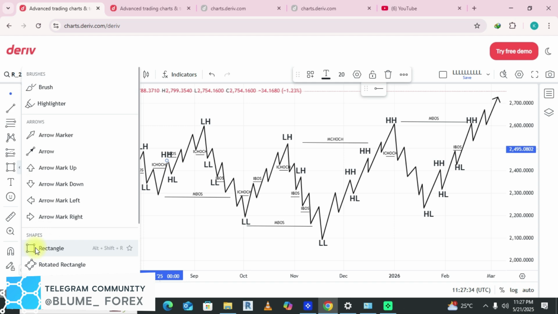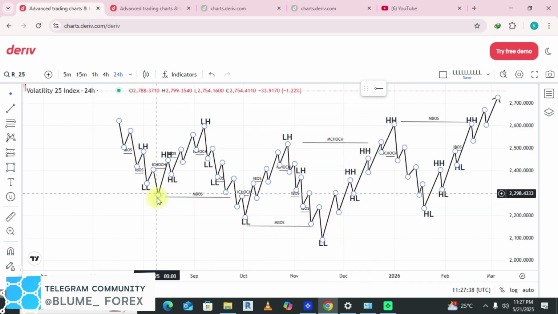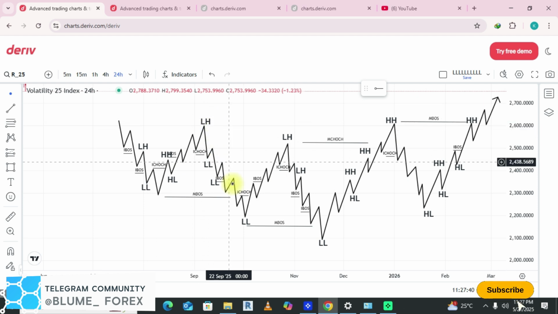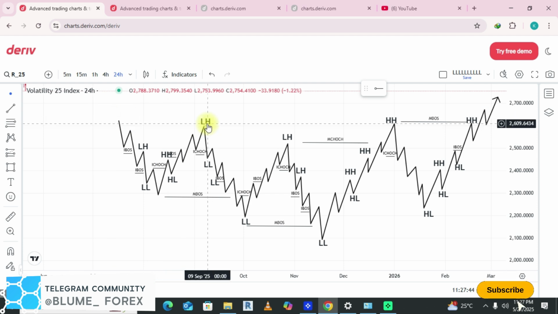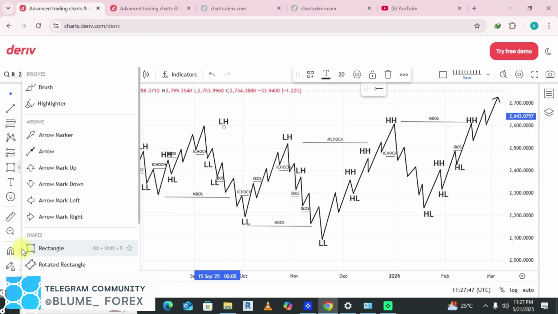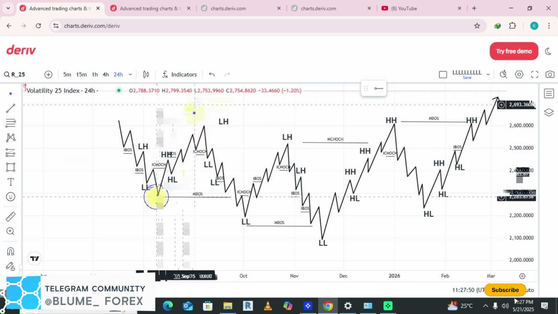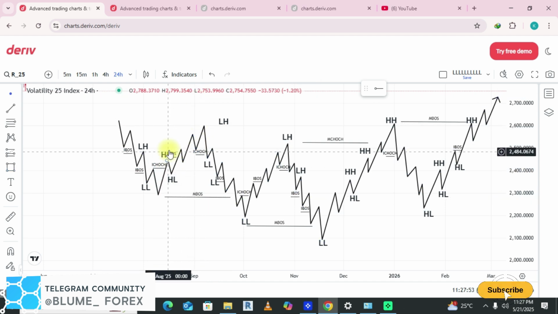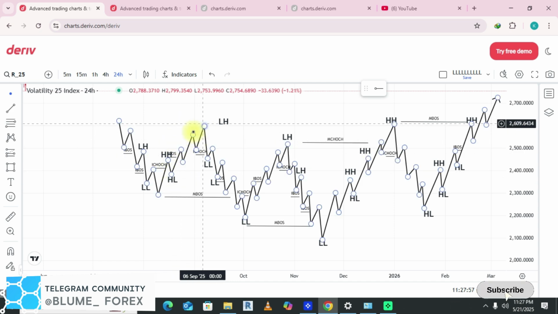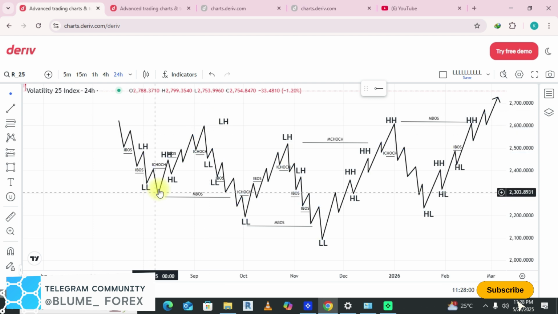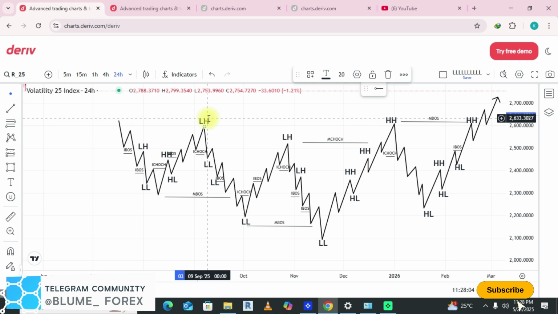Now if I'm reading this whole structure, this is going to be my lower low and my lower high, lower low, lower high, because this high didn't take out this high. But if I'm reading just this small part of the structure, with higher high, higher low, higher high, higher low, higher high, this minor structure makes this a higher high. On a major structure, though, this is going to be a lower high, so don't be confused.